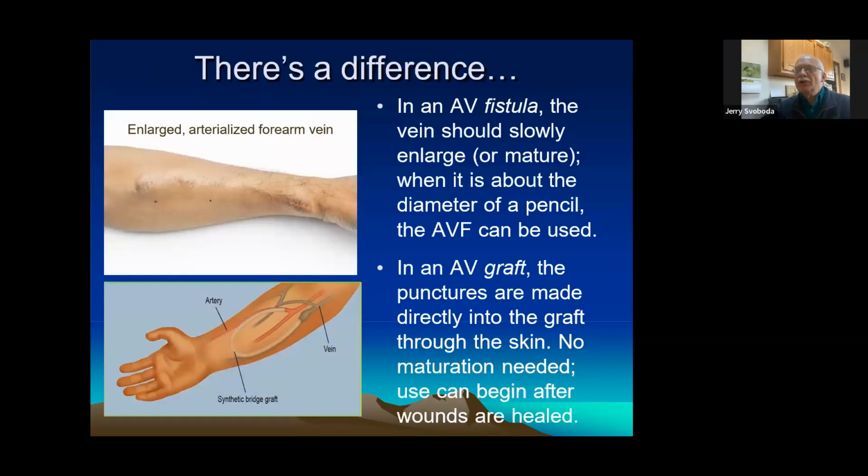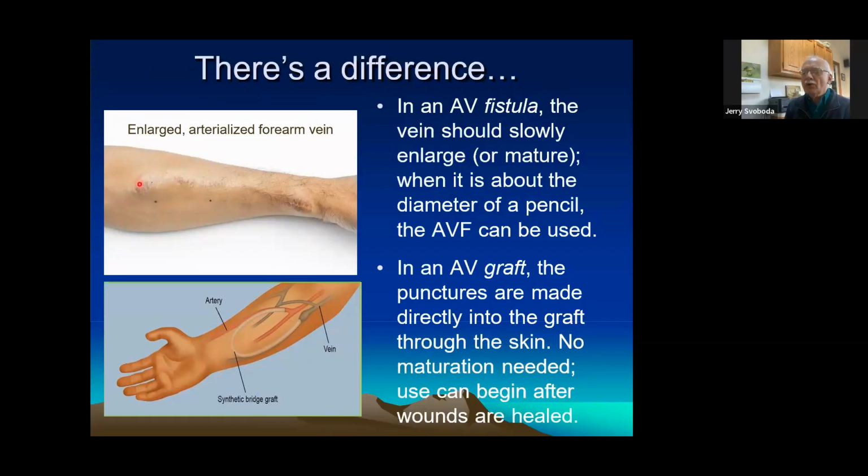So on the top picture here, you see an AV fistula that is mature, which means the vein has grown larger. You see the scar by the wrist of the patient. That's where the connection has been made. And now this fistula is perhaps a year old, and you see multiple puncture marks along it and the enlarged vein.